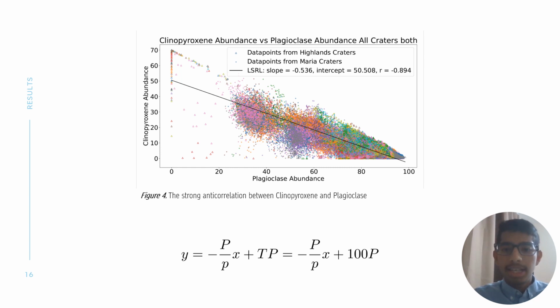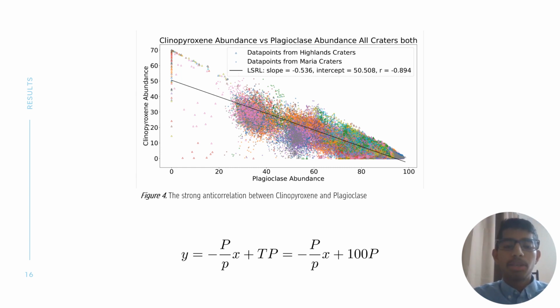The variation in the lowercase p value explains why the slopes of different clusters of data points from different crater diameters, represented by different colors, seem to have differing slopes, as can be seen in figure 4. Unfortunately, we were unable to find data for other minerals with strong correlations, but our model equation is greatly corroborated by the observed abundances of iron oxide and clinopyroxene.